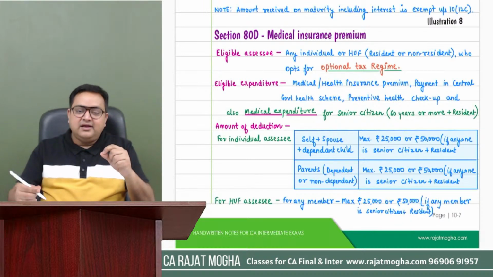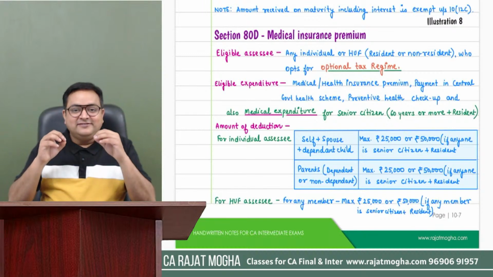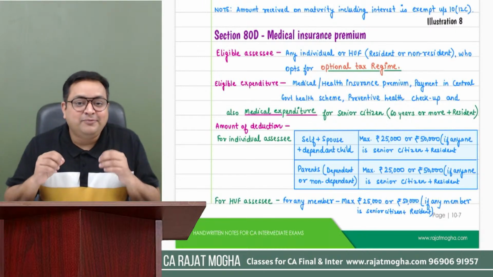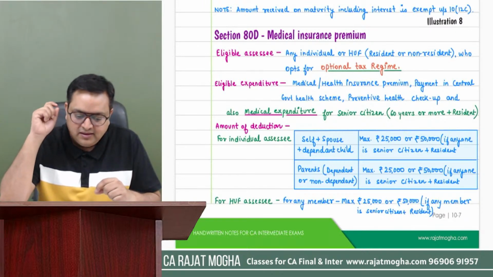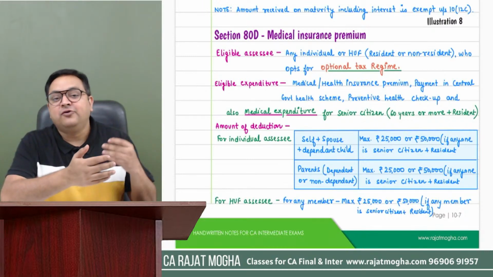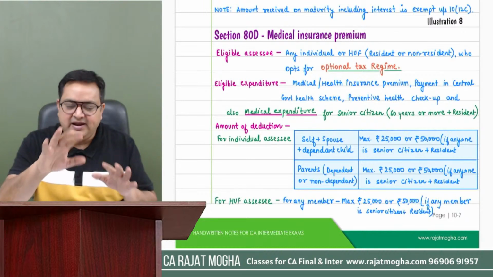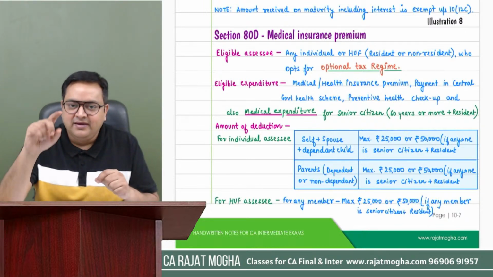Second thing, one more point is there. If the assessee is spending on a preventive health checkup, for themselves or their parents, then a 5,000 limit is allowed for preventive health checkup.